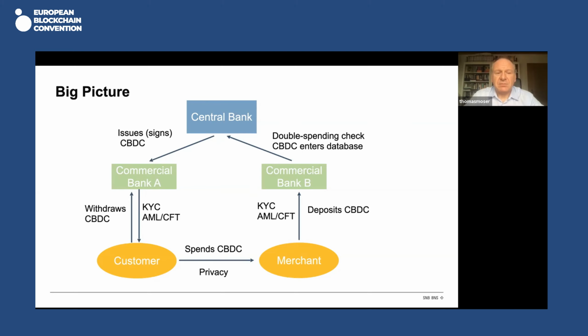But what's special about the proposal is if you withdraw your CBDC, then we use blind signatures. So the customer is blinding the coin. The central bank provides key pairs that give you different values, 5 franc, 10 franc, or euro, or dollar, or whatever.